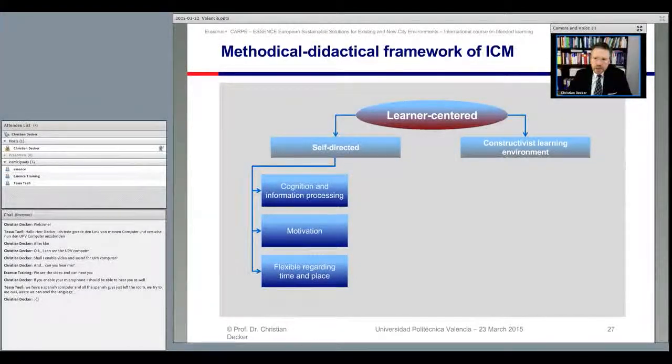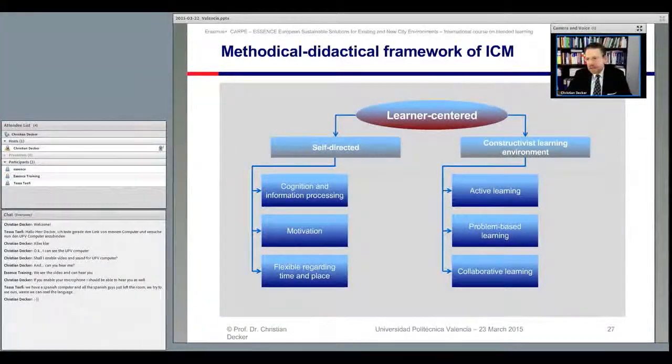Thereby, the idea is that you create higher motivation, and it's really flexible in terms of time and place. So students can go to the PC lab at the university, or they can watch the videos at home. If the videos are responsive, they can watch them on a tablet, on an iPhone or any other mobile device.